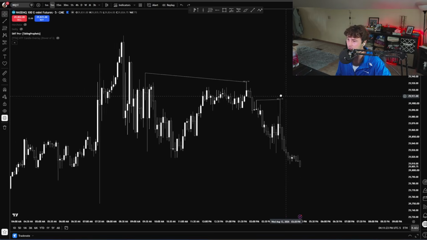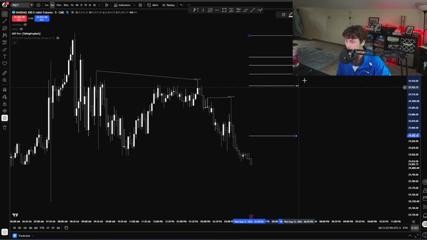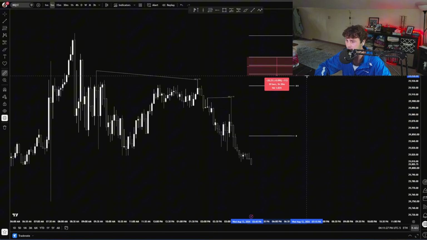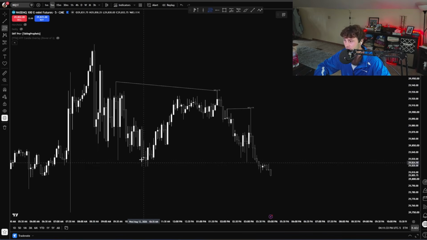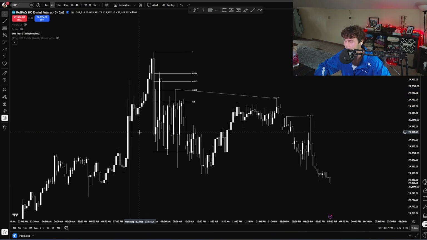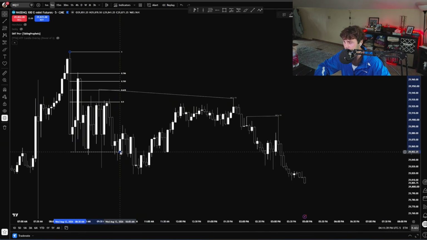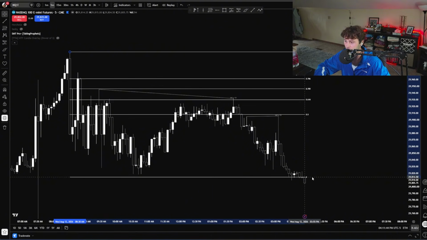So what is OTE? Again, just boom, right here. Optimal trade entry is a 786 to 618. You want to be looking for trades in here. So something smart to do, let's say we were looking for shorts in here, you would pull the Fibonacci from here to here, boom, or whatever the low is. Like obviously as price makes this low, you'd put it here, new low here, new low here, new low here, right?